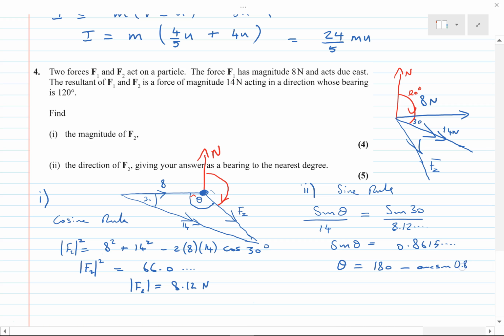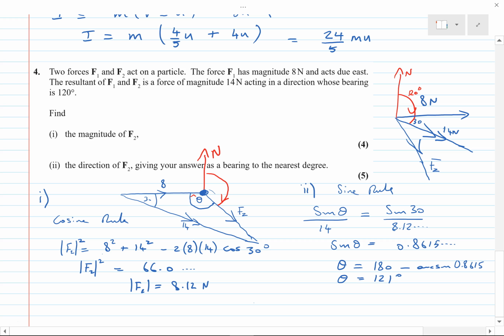Look it up, it's covered at GCSE as well. It's called the ambiguous case for the sine rule. It occurs whenever you use the sine rule and the angle you find is bigger than the one that you're given. So that gives us theta equals 121 degrees.